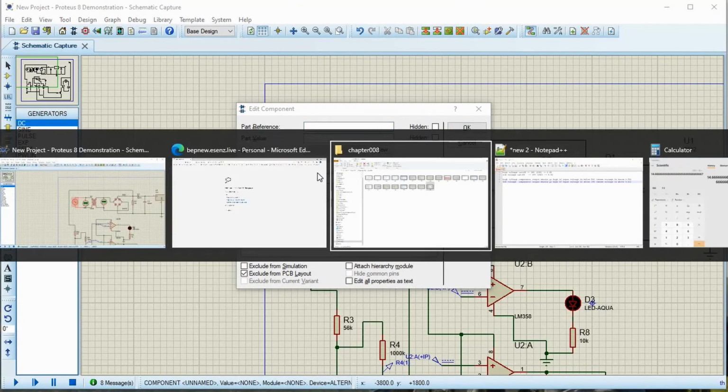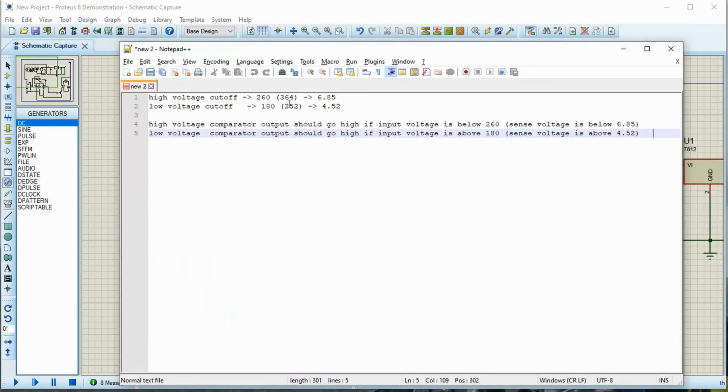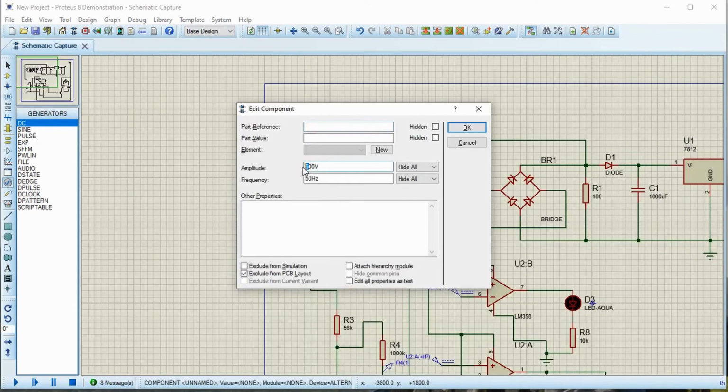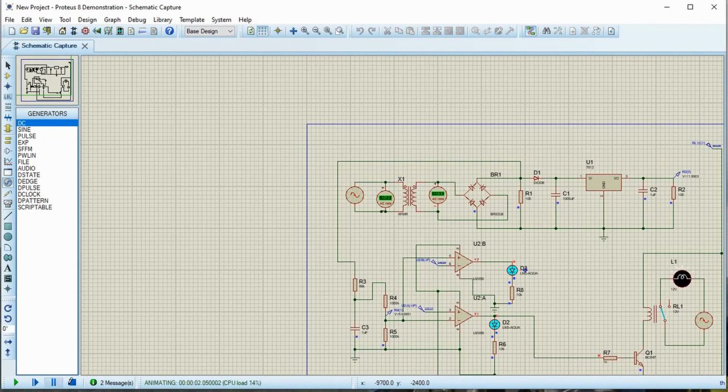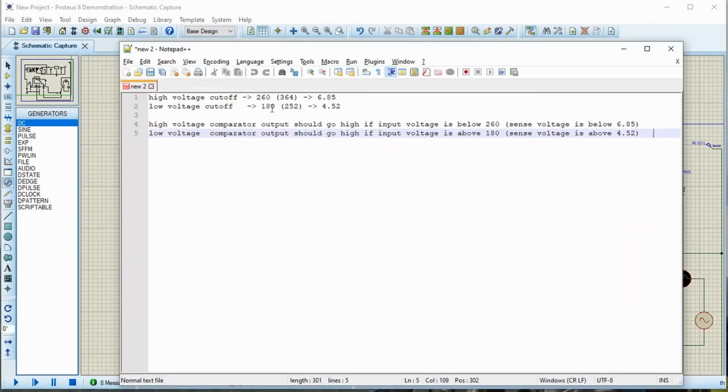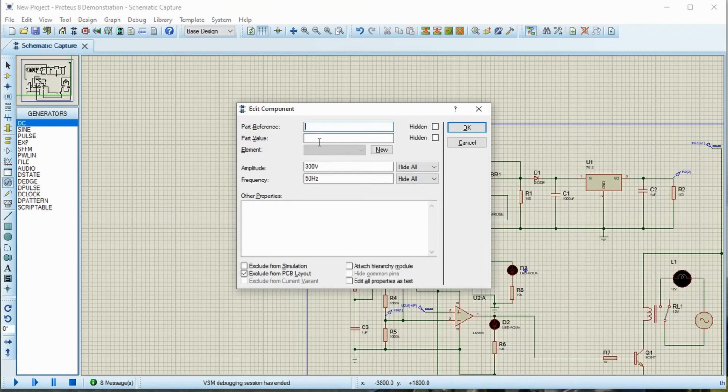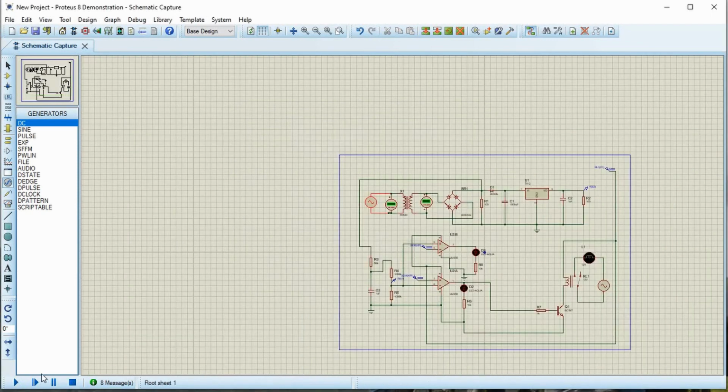If you see, remember our sheet, between 250 and 364, let me put 300. Both of them are on. If I go below 180, that is below 250, go to 200, start it.